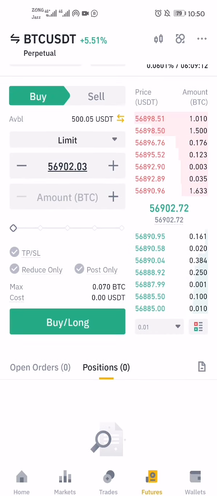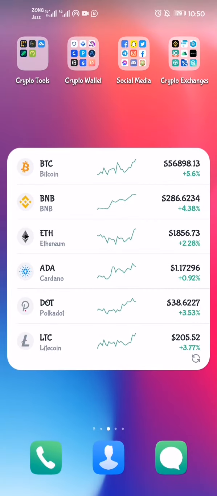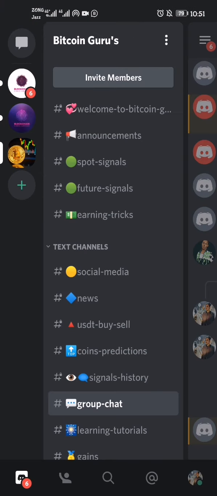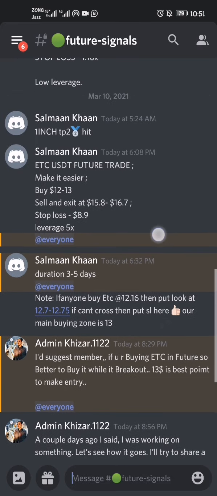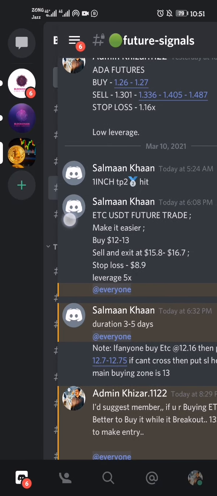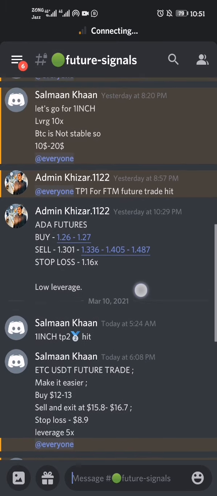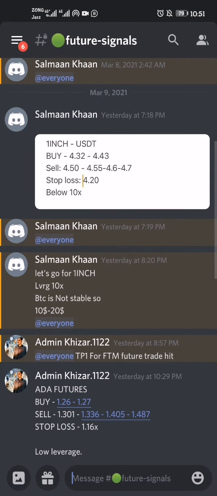So how to take a trade? First, we'll put a signal in our group. Let me tell you how. You have to check the signal here in the futures section. For example, this one, ETC future trade, or for example ADA future trade.